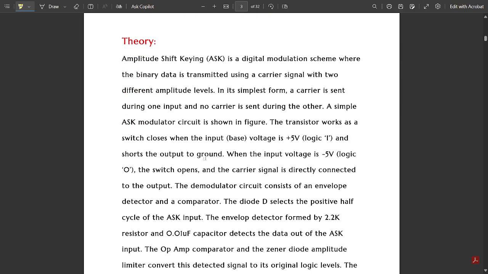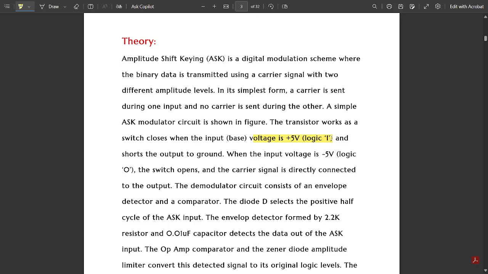So this is the theory part of the ASK signal. ASK consists of a digital message signal of zeros and ones. Whenever the logic is one, that is plus 5 volt, as mentioned here, the transistor acts as a switch and turns on.